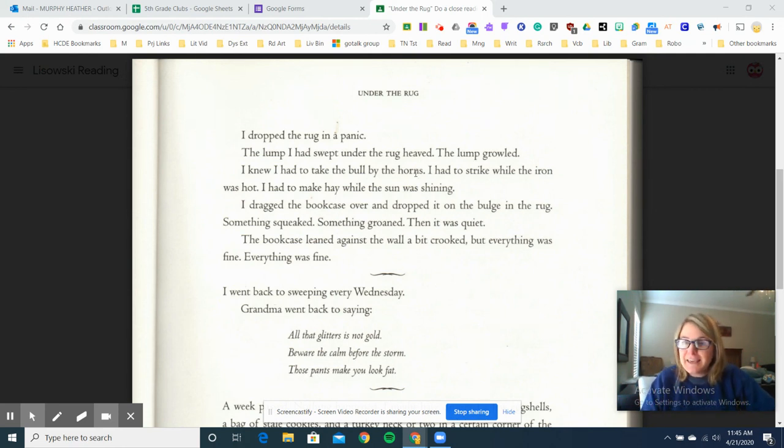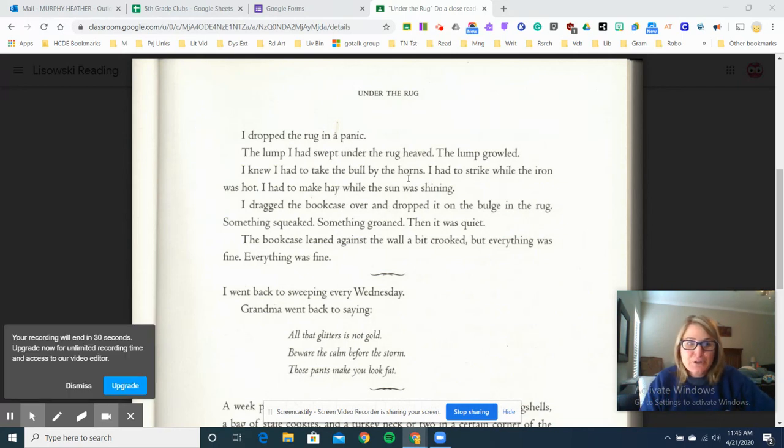So he's taking in some of those things that grandma is saying. We use idioms to represent things; they don't exactly mean what they say. So take the bull by the horns: he knew he had to do something about the situation. All that glitters is not gold: just because something looks good doesn't mean that it actually is. Beware the calm before the storm: if things are calm and then there's a storm coming, it might mean that bad things are on the way.